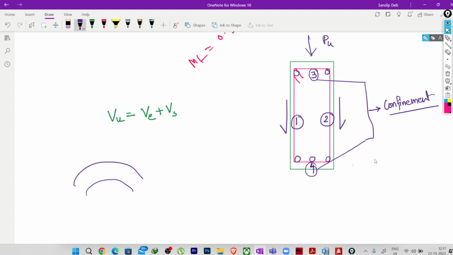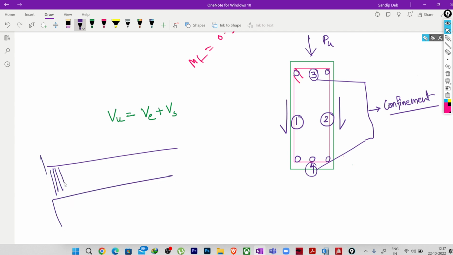In general design it may not be that useful, but when we go for seismic resistant design, the confinement of the concrete is very important. That is why in the design of earthquake resistant elements, if you design a beam, it is recommended that at the support you provide closely spaced stirrups.